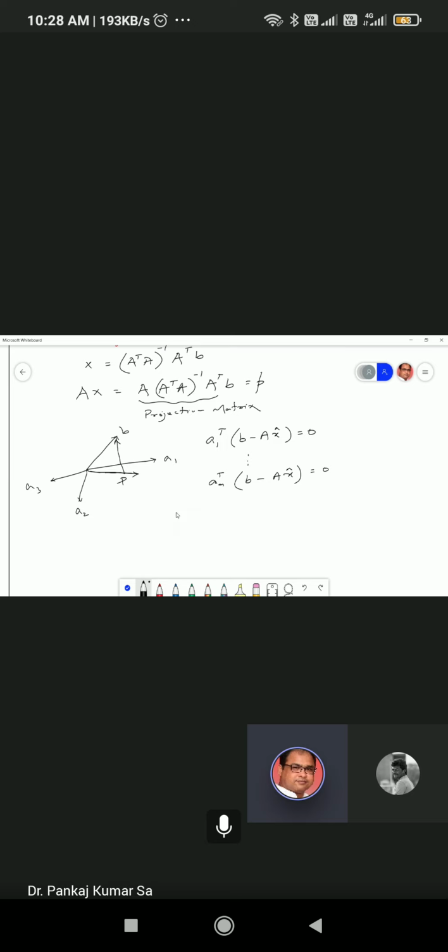Or in the form of a matrix, this becomes A1 transpose, A2 transpose, AN transpose, these transposes are there, multiplied by one column, that is B minus AX cap. This is equal to 0.